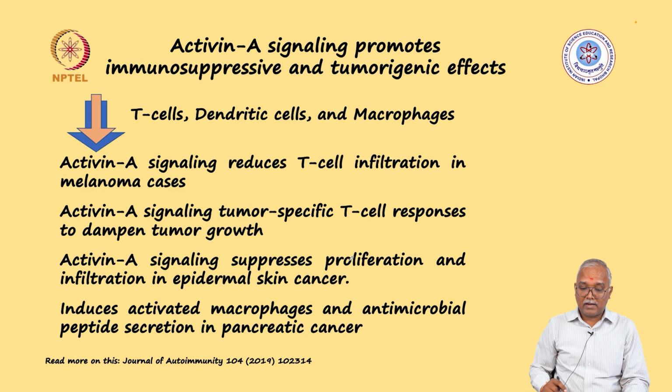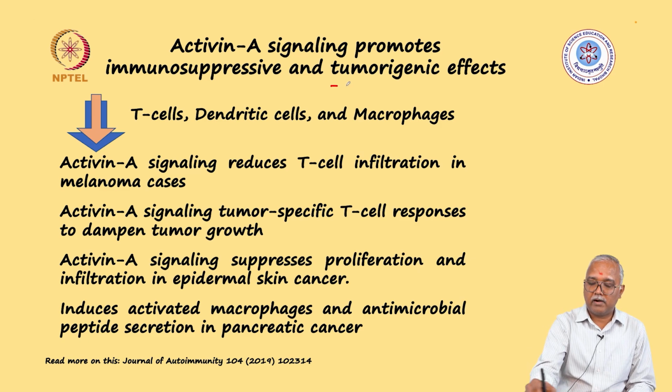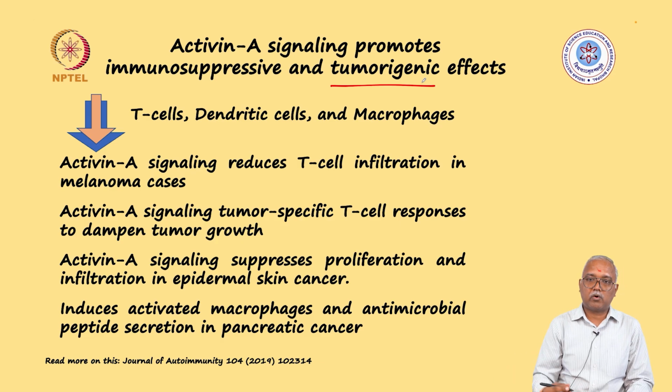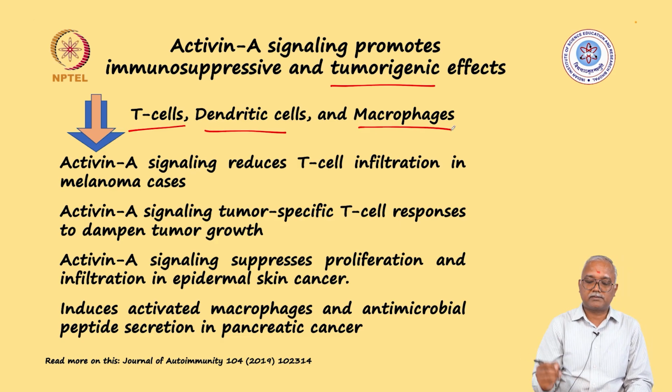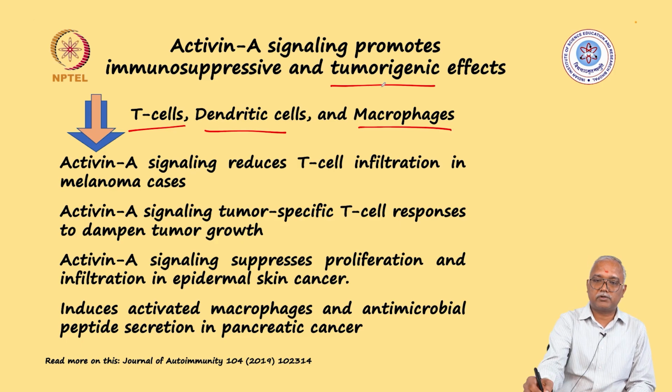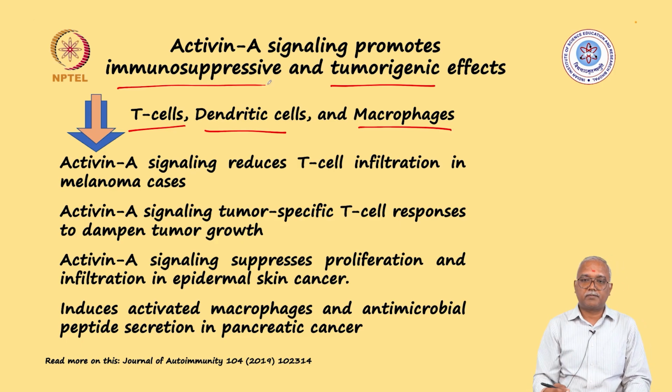Now let's look at another situation often seen with people, where there is a tumorigenic growth and you have uncontrolled growth of cells which can actually lead to cancer. So here you have T cells, dendritic cells and macrophages which are working towards tumorigenesis and immunosuppressive properties.